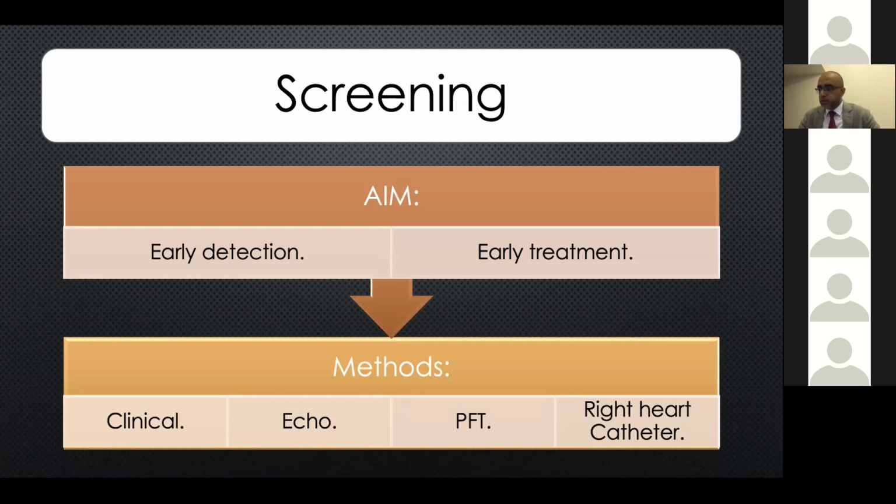Right heart catheter, it is the gold standard, but it is an invasive technique. We cannot apply it for all patients. So we need a combination of the first three parameters, clinical, echo, and pulmonary function test, combinations and serology to lead us to select what patients need to be tested with right heart cath without any decrease in sensitivity of this criteria.